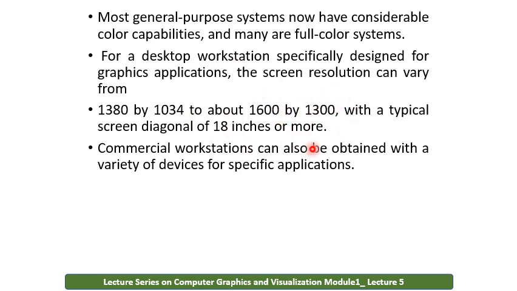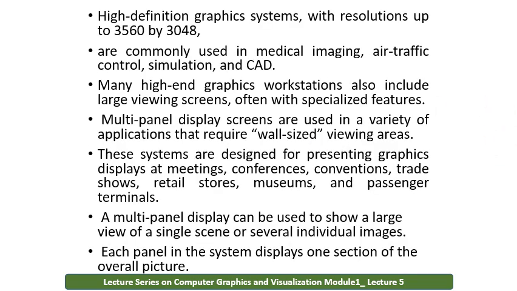For commercial workstations, a variety of devices can be obtained for specific applications. For high definition HD TVs, the resolution is increased to nearly 3560 pixels on the x-axis and 3048 on the y-axis.